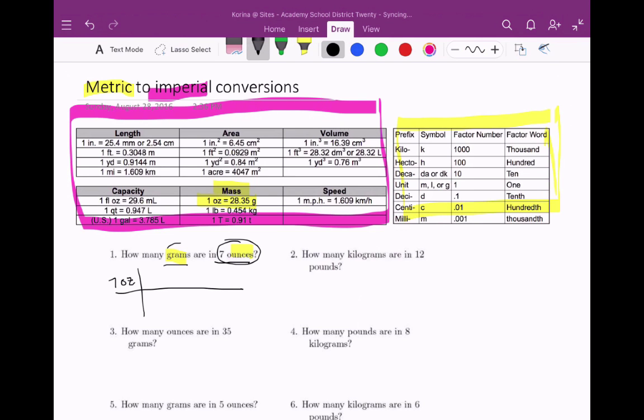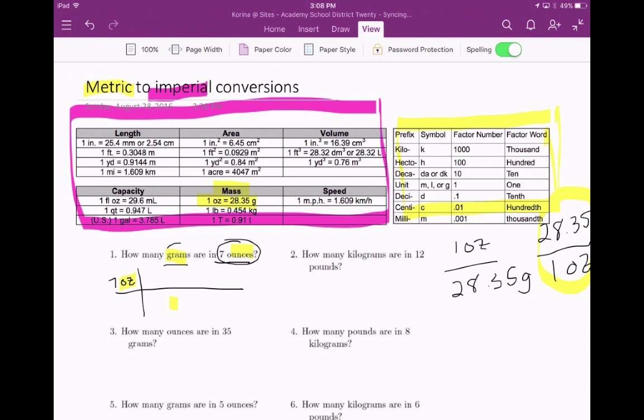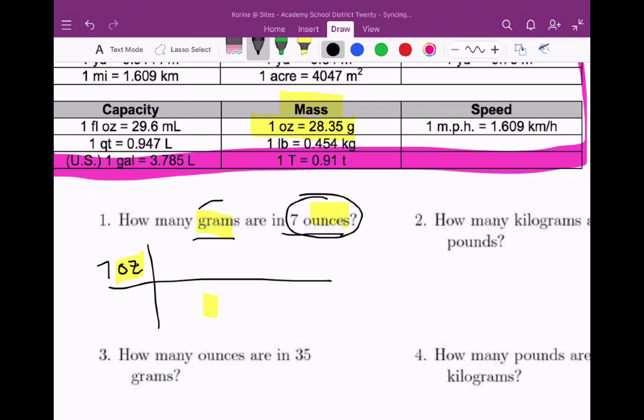Remember that we can write these ratios as fractions. So we could say 1 ounce is 28.35 grams. Or we could say 28.35 grams equals 1 ounce. Because we have ounces on the top, we want to put ounces on the bottom over here. So we are going to use this conversion factor: 28.35 grams is equal to 1 ounce. Just as in the lesson last time, our ounces can now cross out.